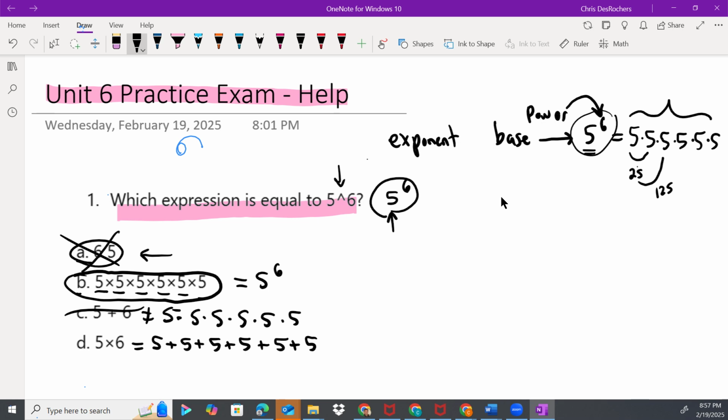But you notice the difference here. This is not equal to 5 to the 6th power because that's multiplying 5 six times, and this is adding 5 six times. And when you multiply 5 six times, you get a much bigger value than you would if you added 5 six times. So 5 times 6 is not a solution.